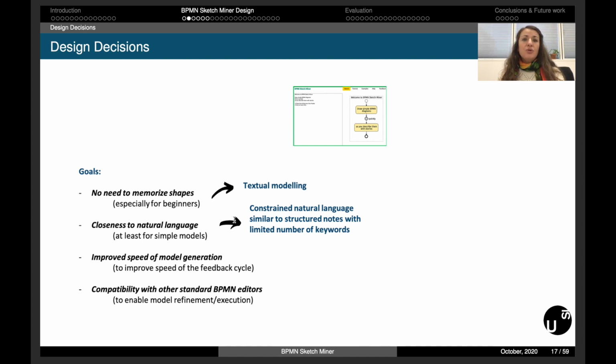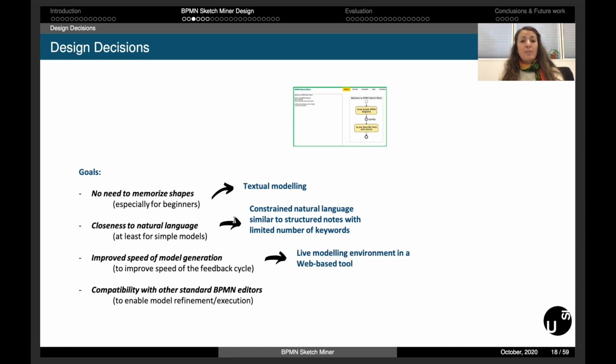Then, in order to speed up the model generation, we have decided to use a web-based tool so that we can offer a live modeling environment where the model is being generated as the user is typing the textual DSL. And we offer export in the standard BPMN XML format, in addition to SVG and PNG formats.